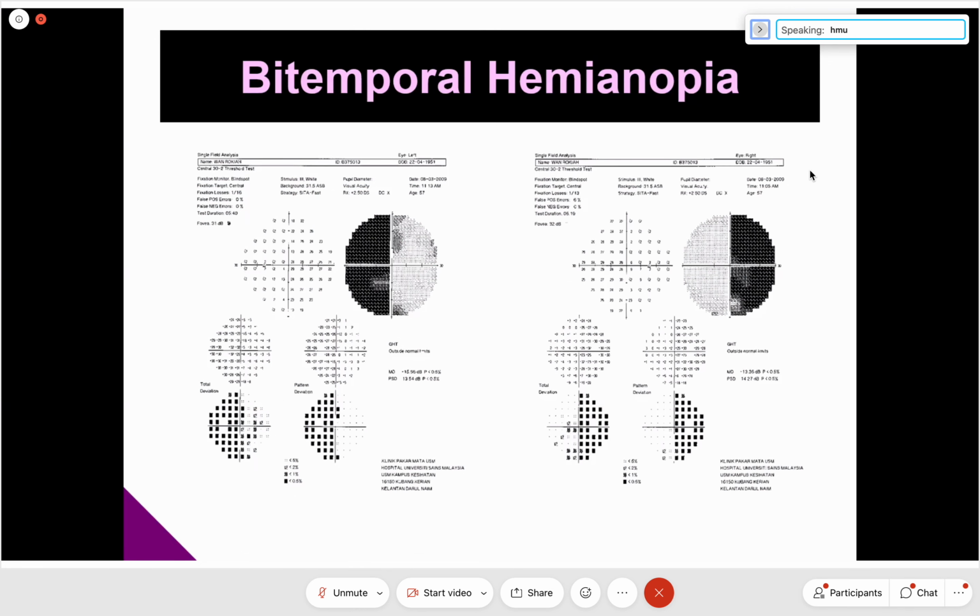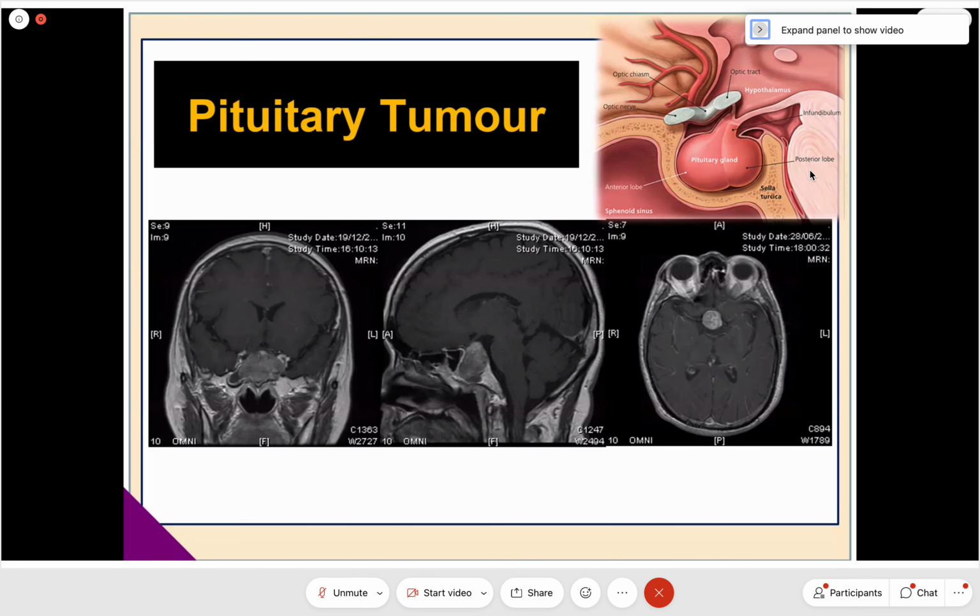And of course, bitemporal is quite well known, commonly due to pituitary tumor. As we know, central chiasm is about 80% most common. So if there is direct compression of the pituitary tumor to the optic chiasm, there will be bitemporal visual field defect.